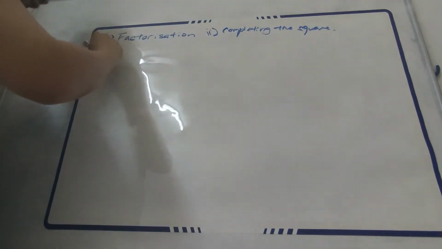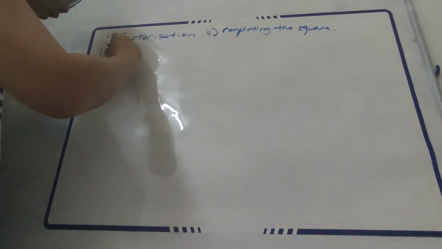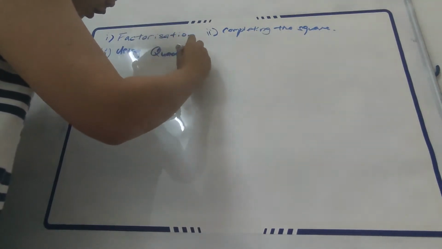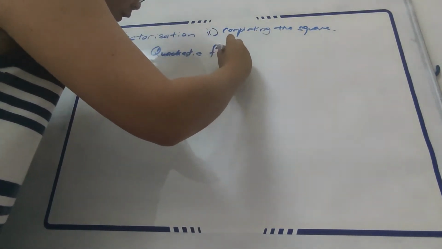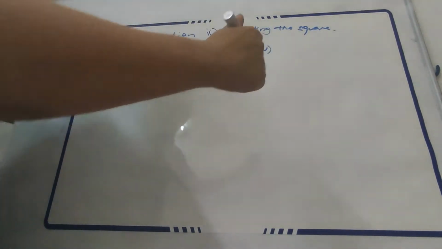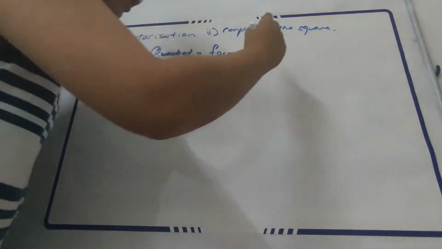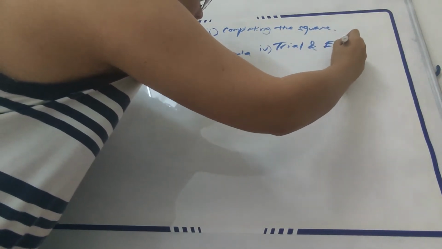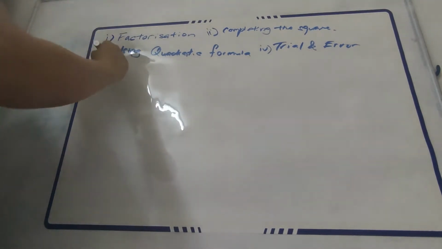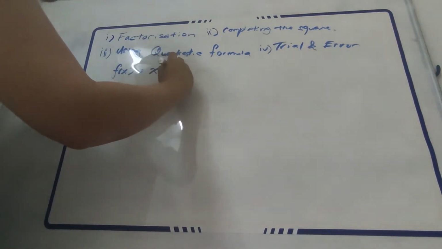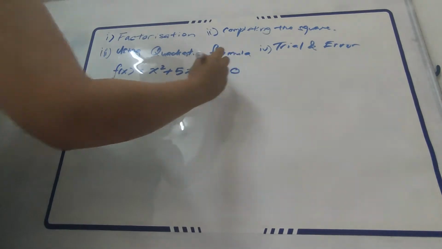The third one is using the quadratic formula. And the last one, which is not so good to be used, also known as the last candidate, is trial and error. Okay, I will talk about these 4 methods one by one, by using fx equals x squared plus 5x plus 6 also equals to 0.